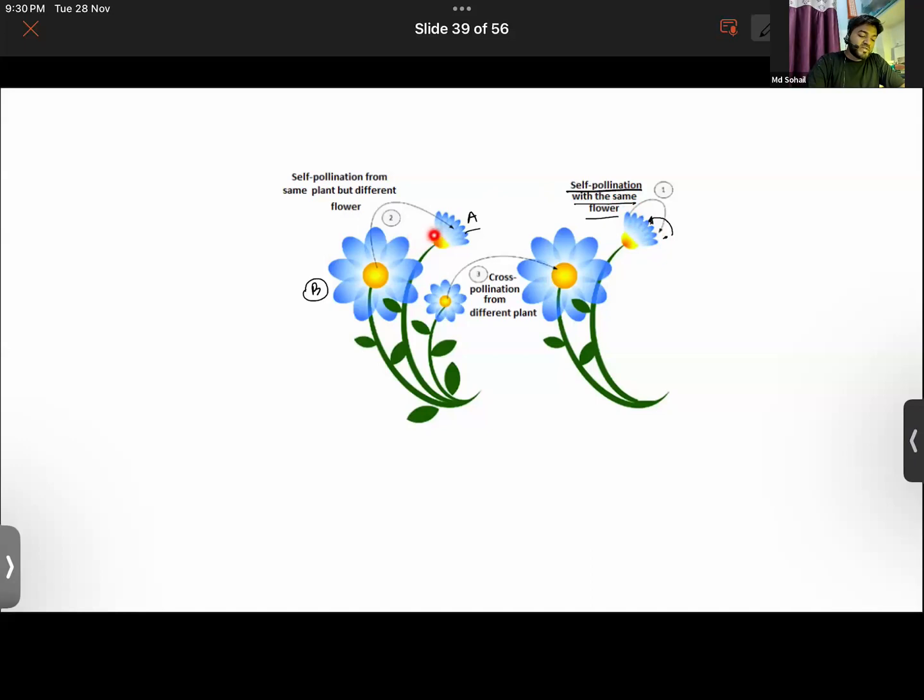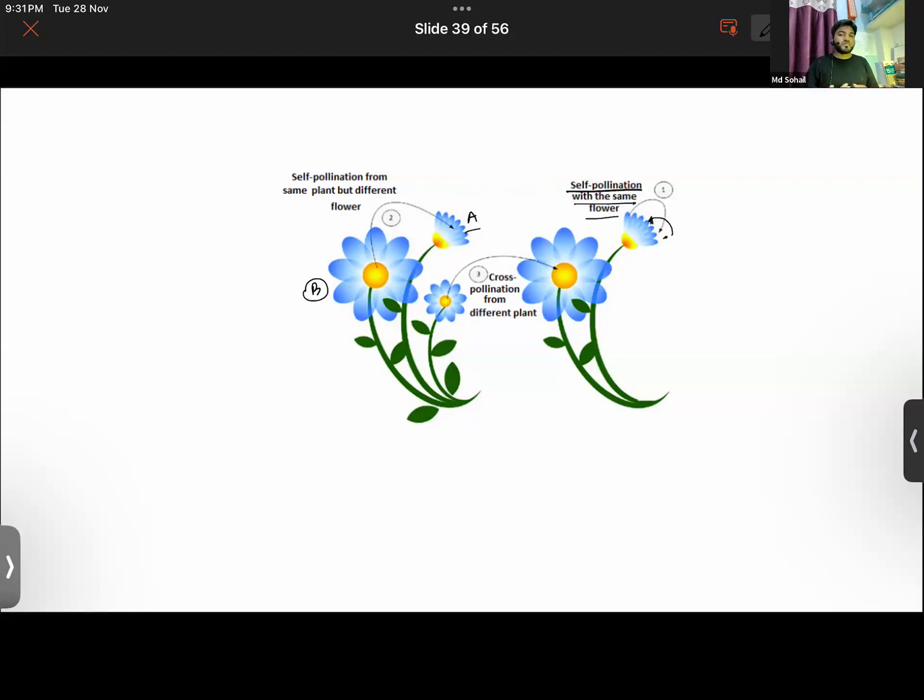Now look at this another case of self-pollination where there is a transfer of pollen grains from one flower to another flower, and both the flowers are on the same plant. So both of them are cases of self-pollination, right? So pollination that is basically happening on the same plant.